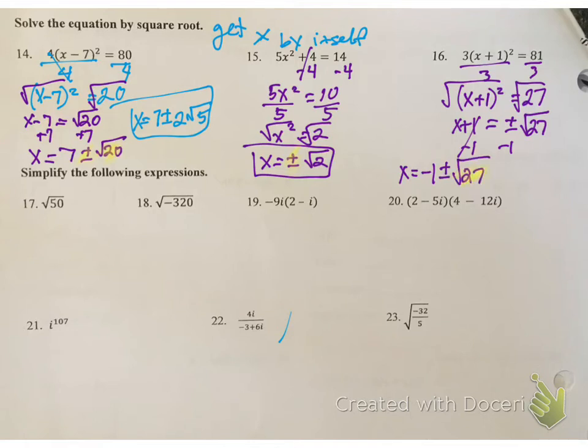This is not in its simplest form, so I want to simplify this. Factors of 27, I have 9 and 3. So I can pull out a 3 square root 3. So my final answer would be -1 plus or minus 3 root 3. And then I would leave it like that.